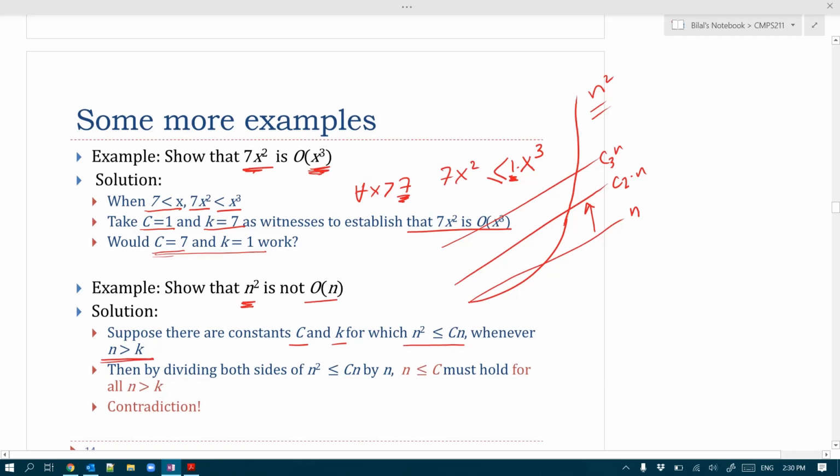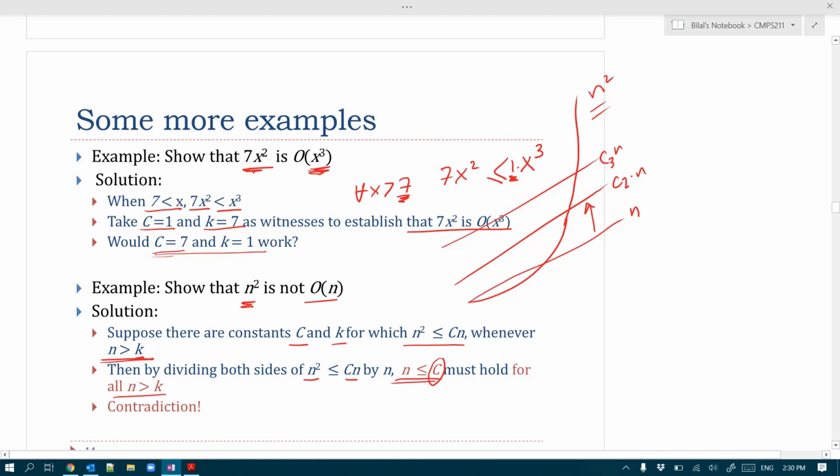Well, when you divide both parts of the inequality by n, suppose even if k is equal to 0, n in this case is strictly positive, so it cannot be 0, so we can divide both parts by n, and then we get that n must necessarily be less than or equal to a certain constant c for all n that are greater than k.